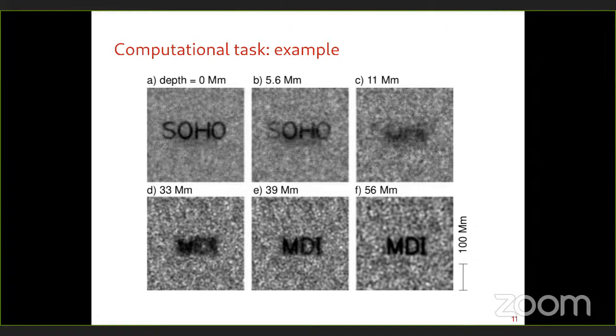As the depth increases by applying this holographic technique, we see that there is a blurring of the first alphanumeric character as this depth increases. Whereas for the second one, we have that the second alphanumeric character is focusing up to this sharp signature at 56 megameters.